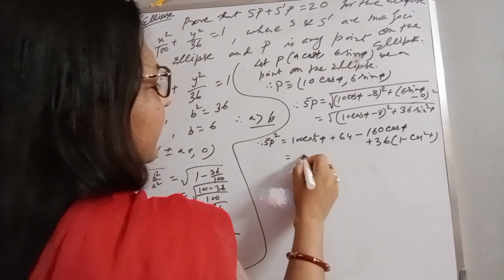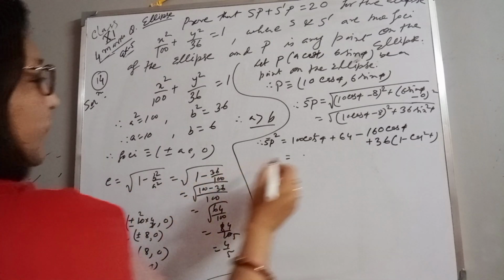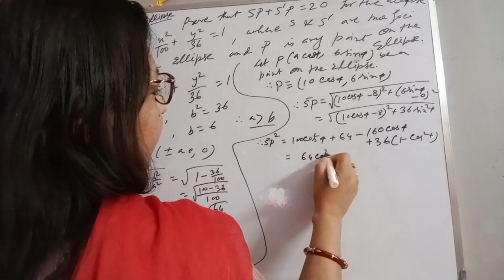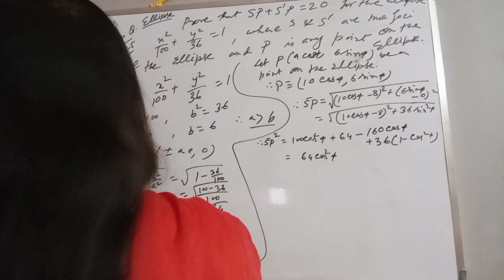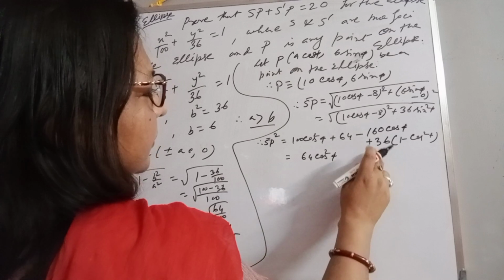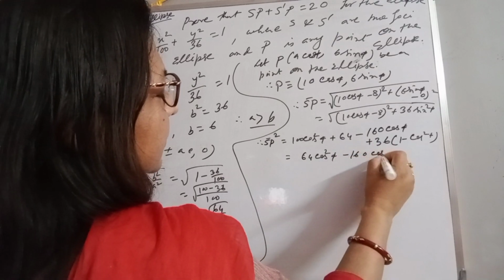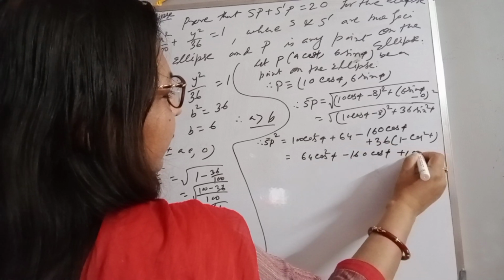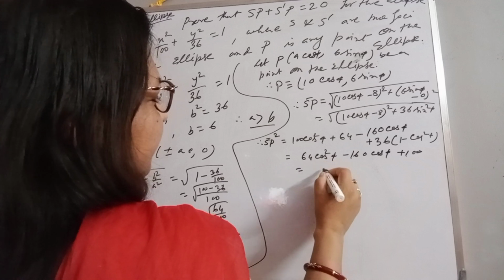Okay, so 100 cos square phi minus 36 cos square phi, that will give us 64 cos square phi. And minus 160 cos phi, and 64 plus 36 is 100. Okay? So this is equal to actually 8 cos phi whole square.